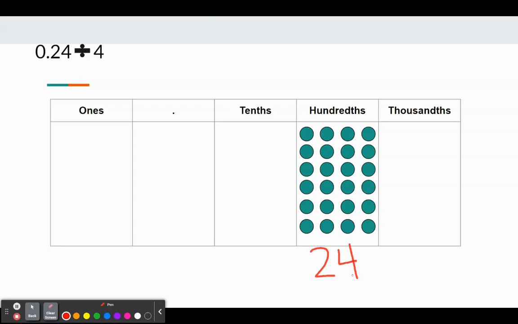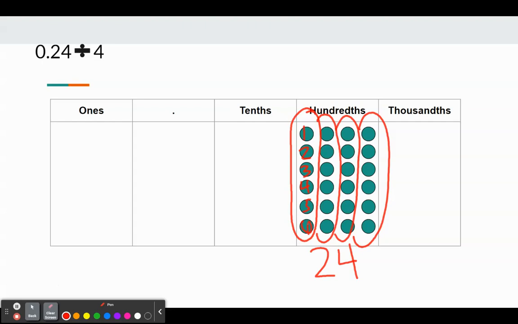So I can see right here that my columns of hundredths are already divided into 4 equal groups. Let me circle them so we can see them a little bit better. So I have 1 equal group, 2 equal groups, 3 equal groups, and 4 equal groups. In each of my groups, I have 1, 2, 3, 4, 5, 6.